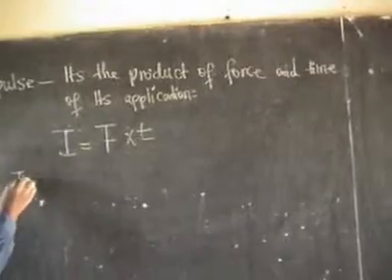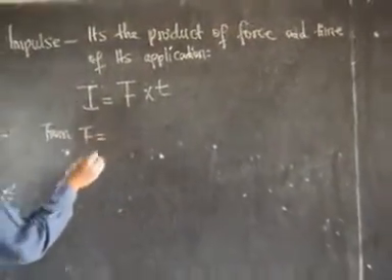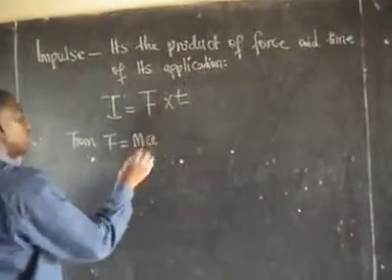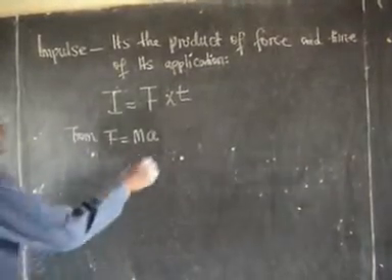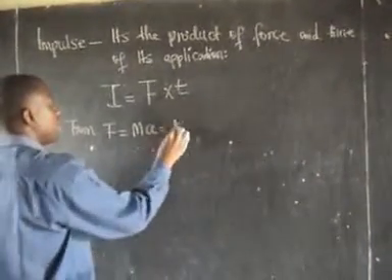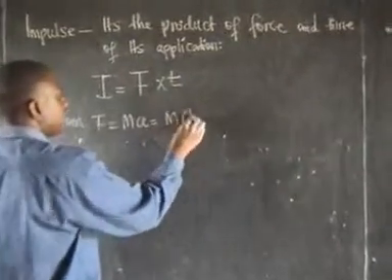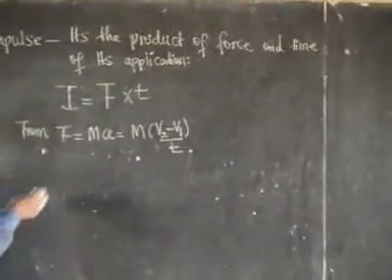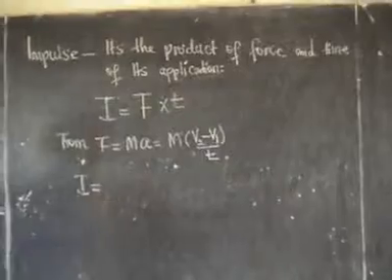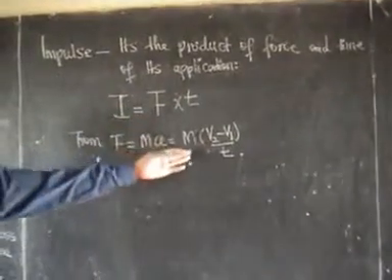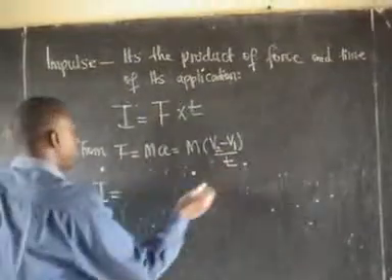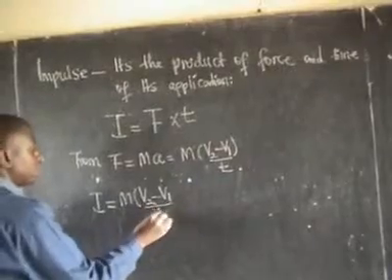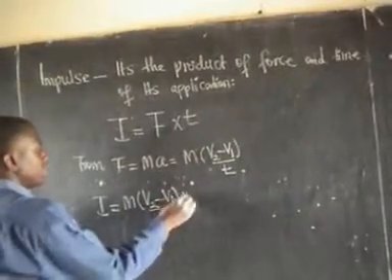However, from force being equal to mass times acceleration, which is the same as mass times change in velocity, (v2 minus v1) over t, we shall also see that impulse is equal to, where there is a force, you can substitute this product m(v2 minus v1) divided by t, times the time t.